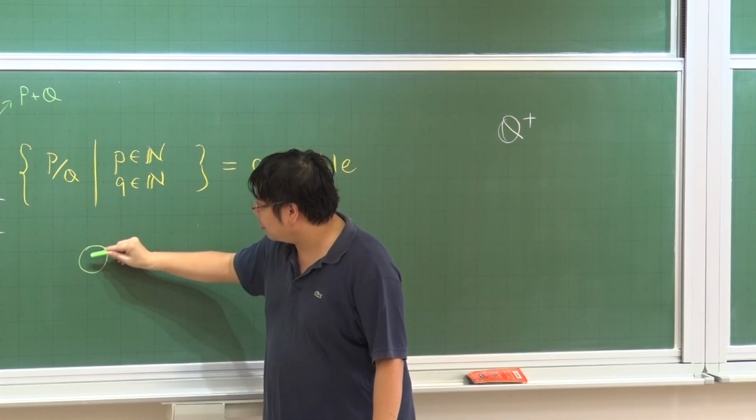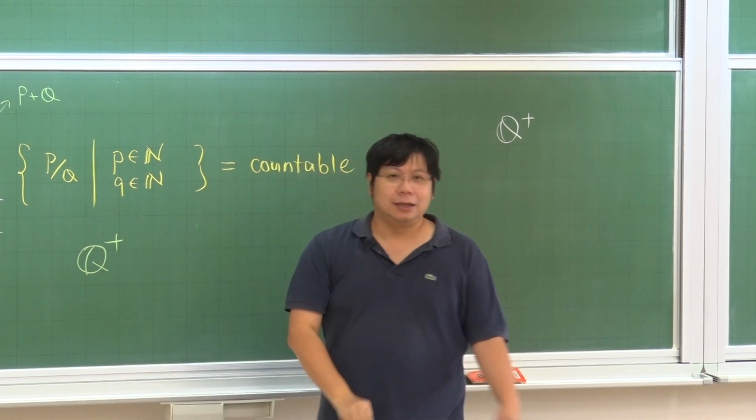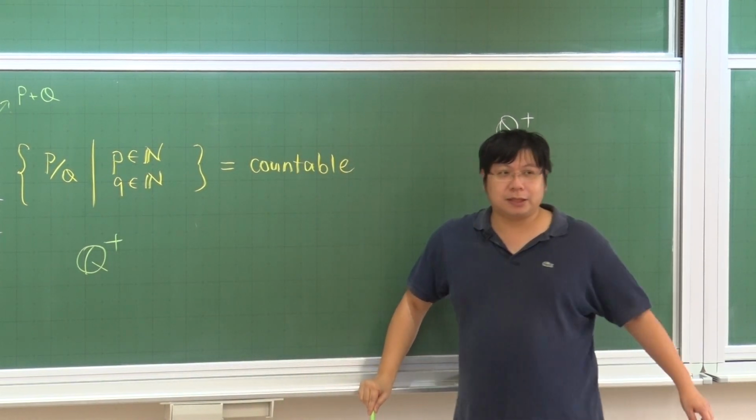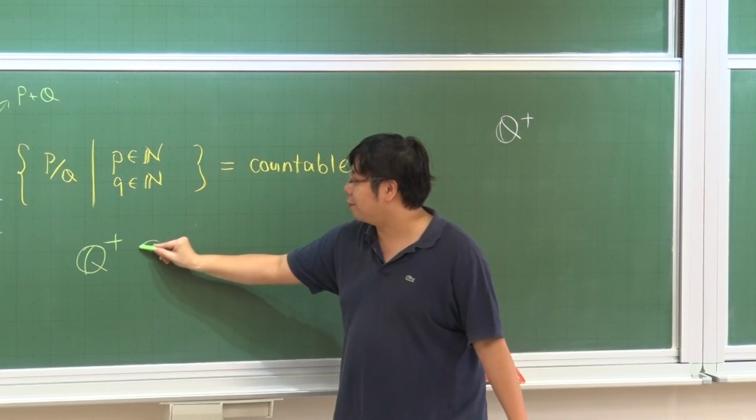The set of all positive rational numbers, Q plus, is a subset of this set.